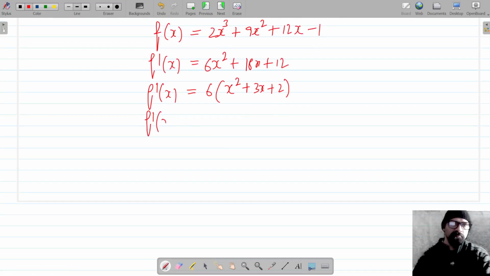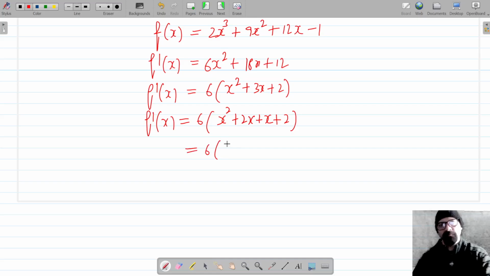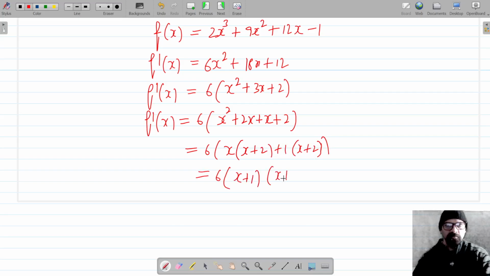And I can further factorize this. This is now x squared plus 2x plus x plus 2. So this is 6, x is common, so this is x into x plus 2 plus 1 into x plus 2. So this becomes 6 into x plus 1 into x plus 2.